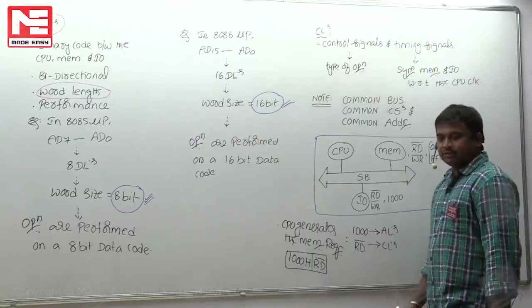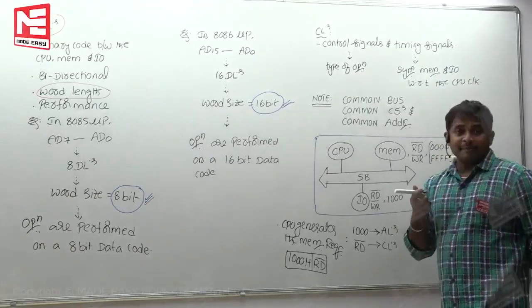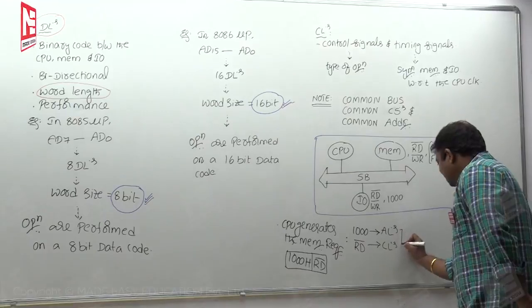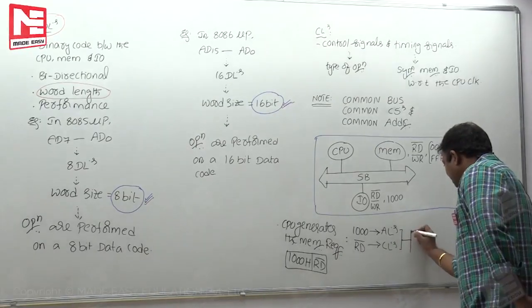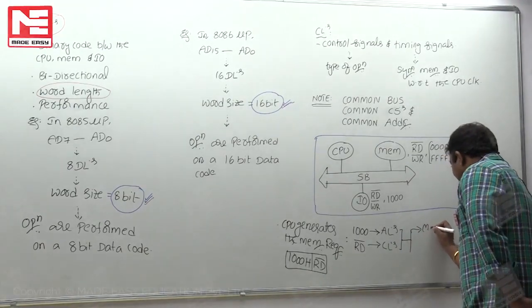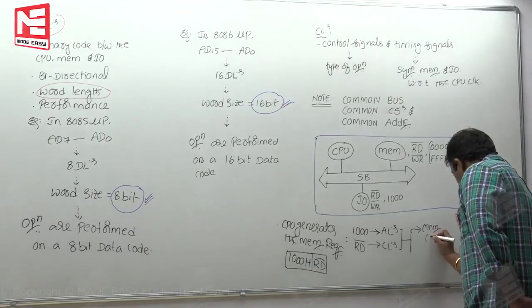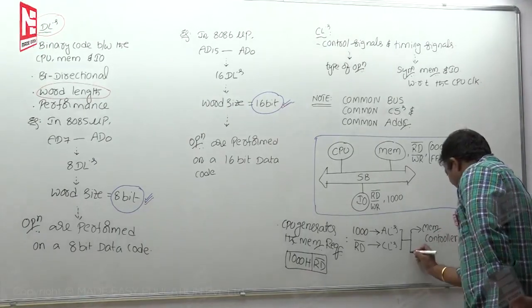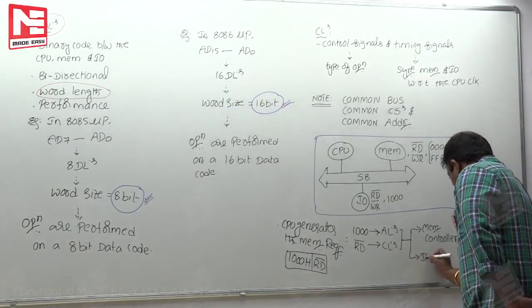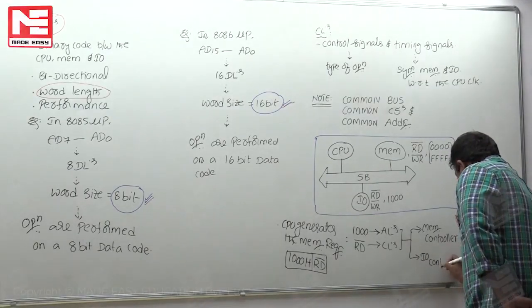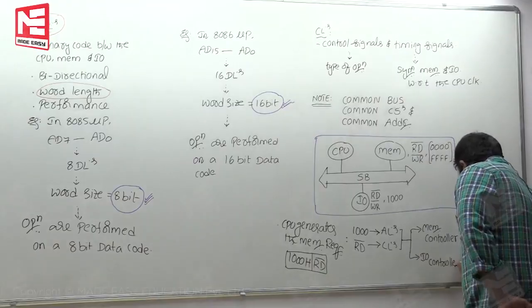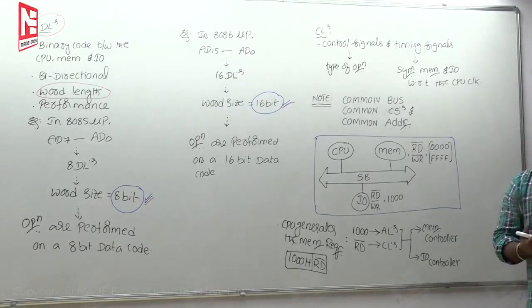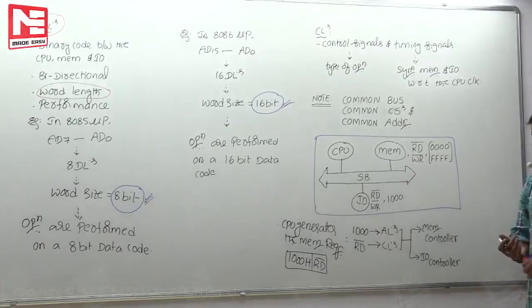Correct, it is a system bus. The characteristic of a bus is shared transmission media. Therefore, this information will be shared by the memory controller and the IO controller. The memory controller and IO controller share the information present on the address lines and control lines.